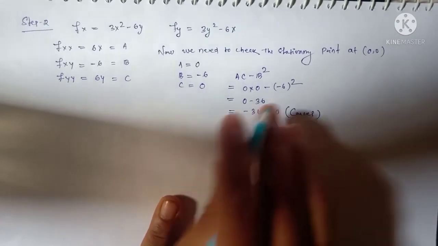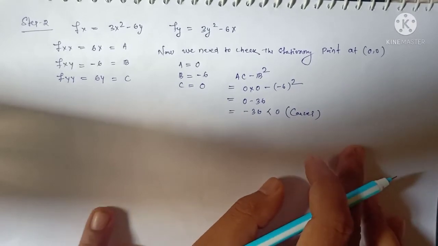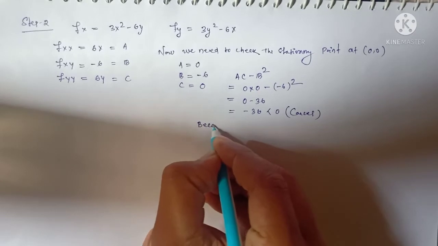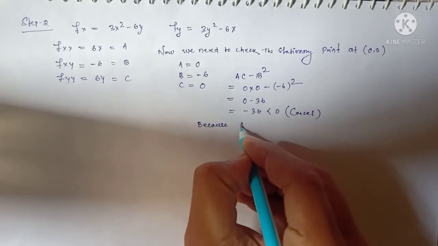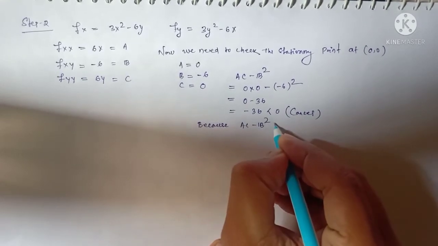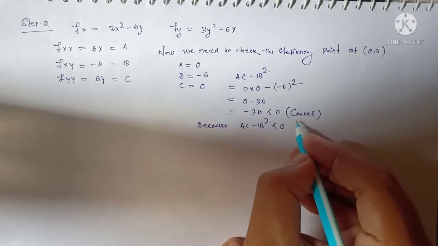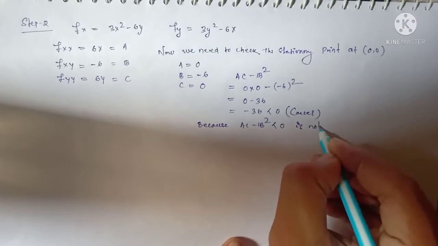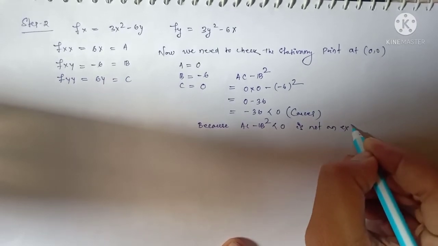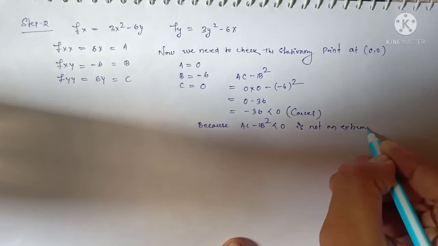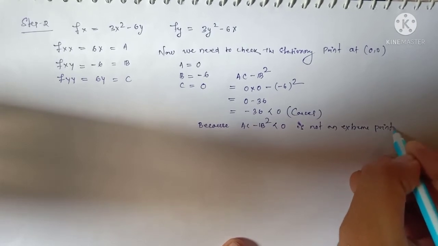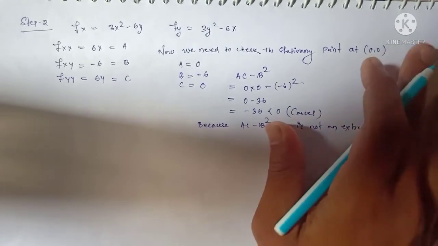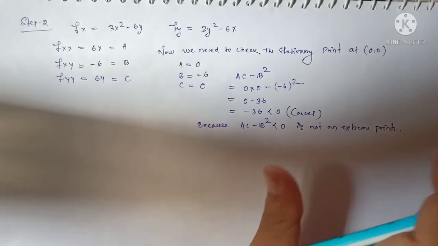We will not consider this value, because AC minus B square is less than 0, which is not an extreme point.